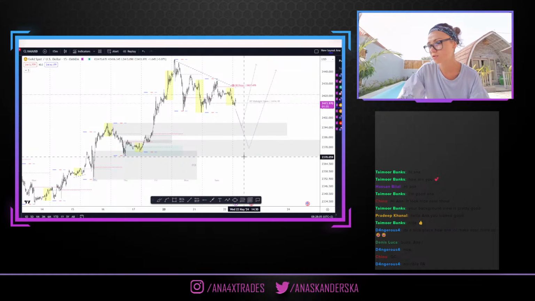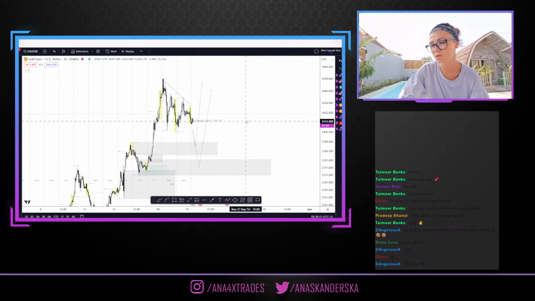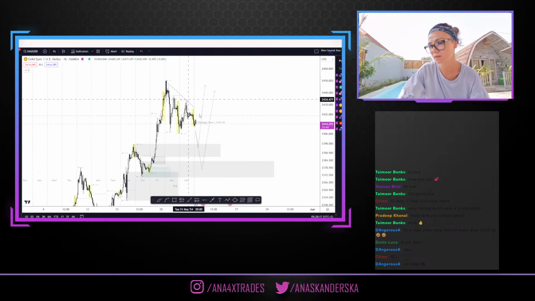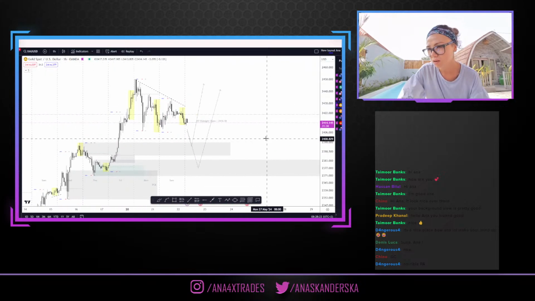But as long as price respects this point of interest and this point of interest, this one is a breaker block, this one is the origin block that caused the last move on the upside. As long as we see those zones being respected, we're gonna just continue higher.